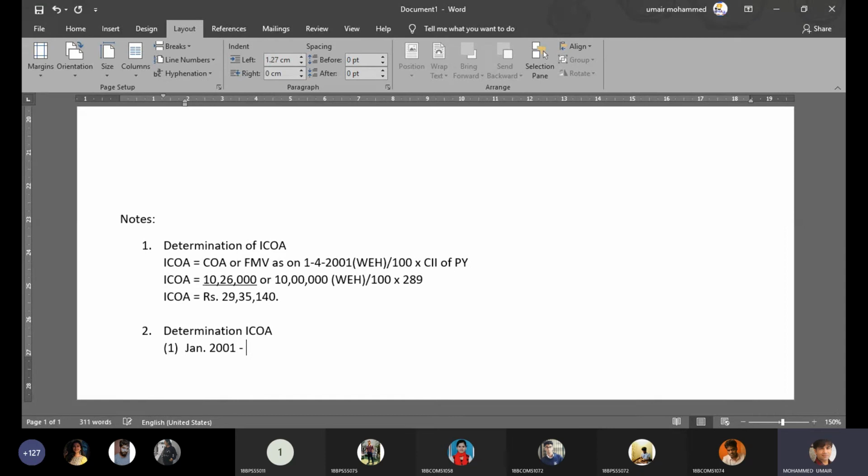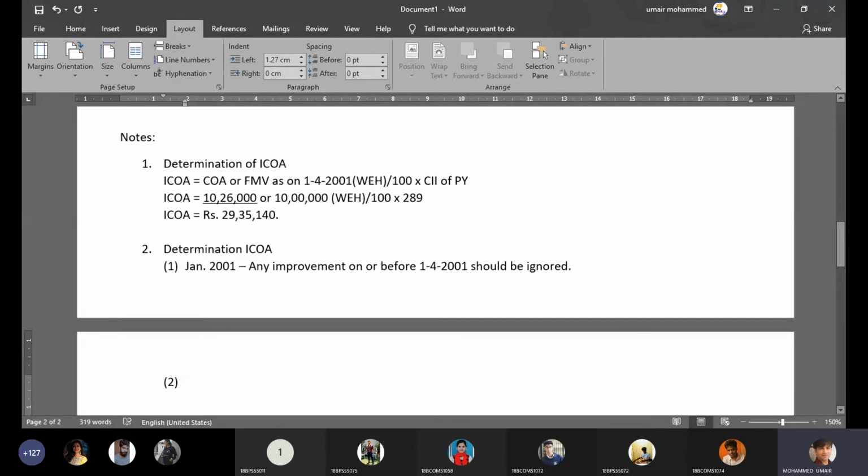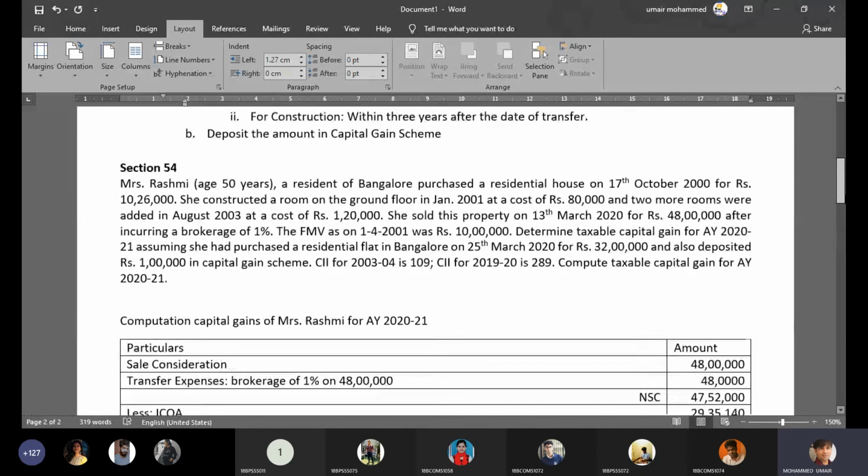What does the rule say? The rule says any improvement on or before 1st April 2001 should be ignored. That's the rule. We have already done similar kind of questions in the past. So this is just to recall that any improvement done on or before 1st April 2001 should be completely ignored.